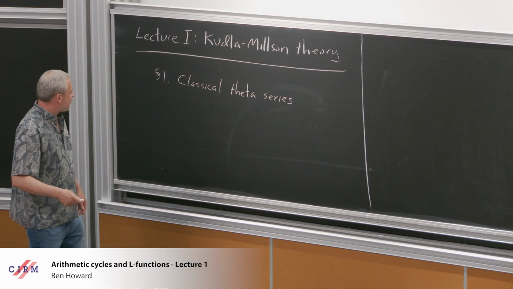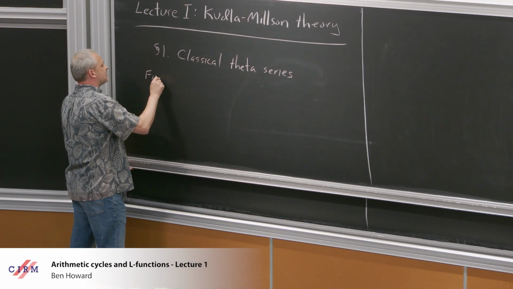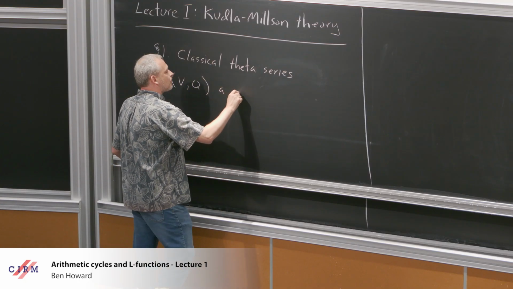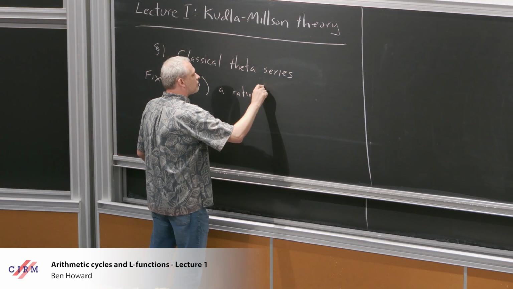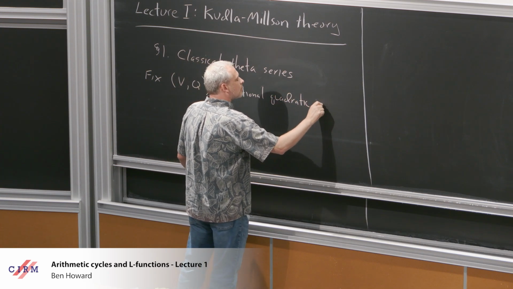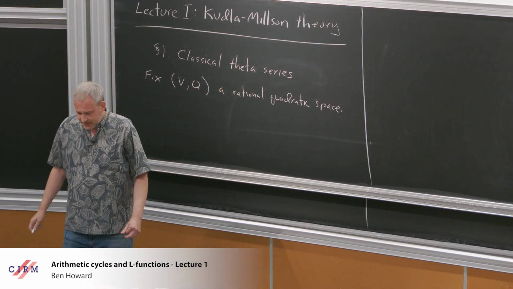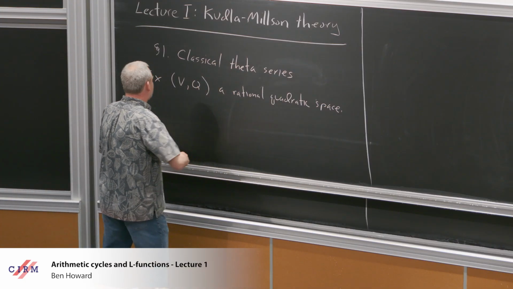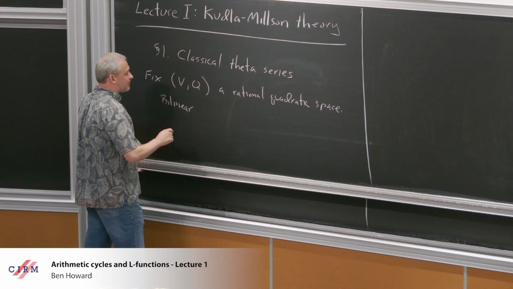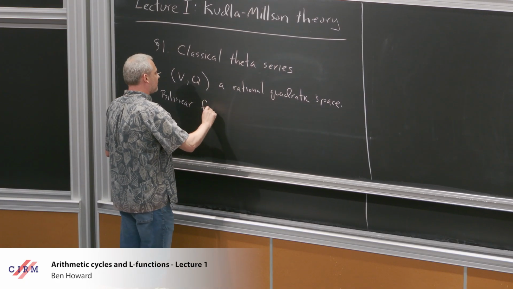So throughout the talk, we're going to fix a rational quadratic space. And there's a bilinear form associated to it, which I will always normalize in the number theoretic fashion.